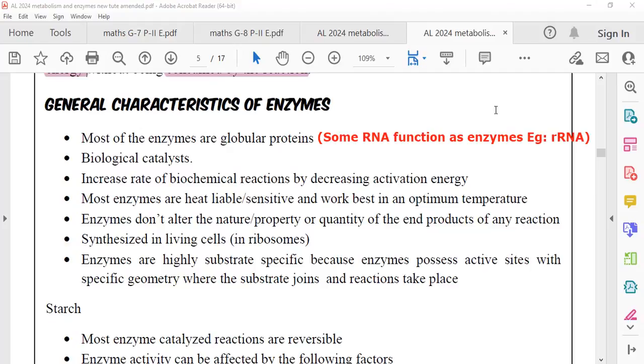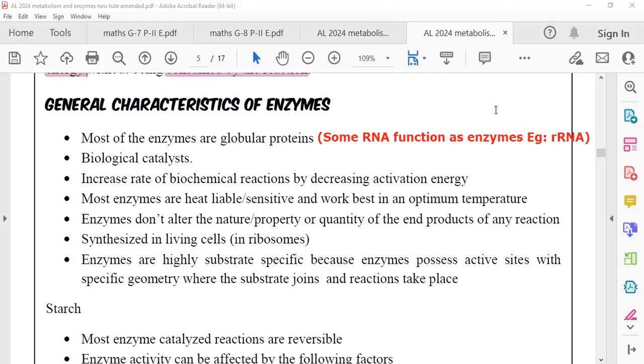So what you have to write here is in ribosomes; above that one, write it down, majorly in ribosomes, because most of the enzymes are proteins, no? Correct?